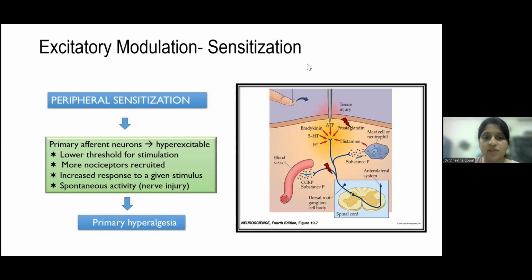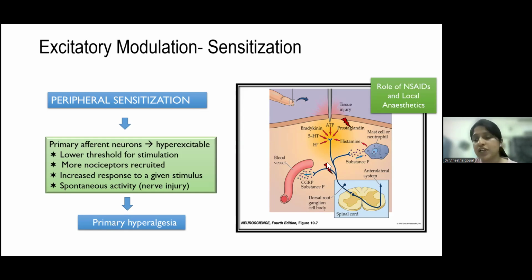No, gabapentin does not act in the periphery. It is local anesthetics. This is how our nerve blocks work in the periphery. They block the conduction through the nerve by sodium channel blocking. So NSAIDs and local anesthetics have a role in decreasing peripheral sensitization.